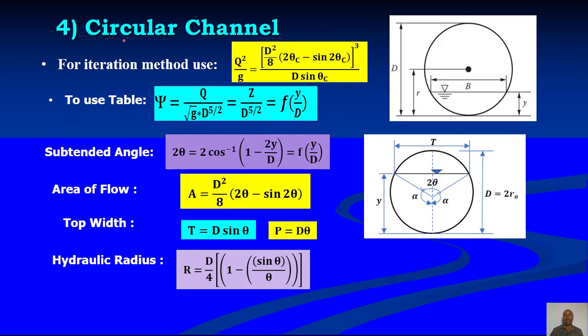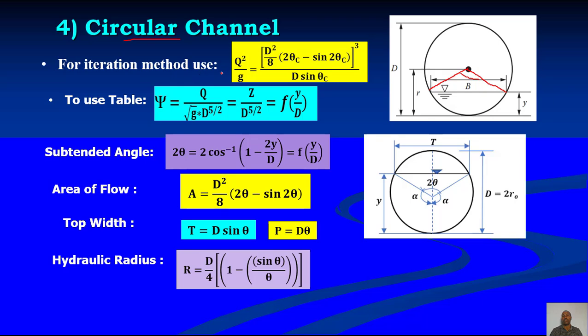And for a circular channel, the channel may be full or partially full. Then you just draw a line, which is subtended by this one. So this is the angle which is subtended by the outer surface. Sometimes it could be above this, then you will draw.